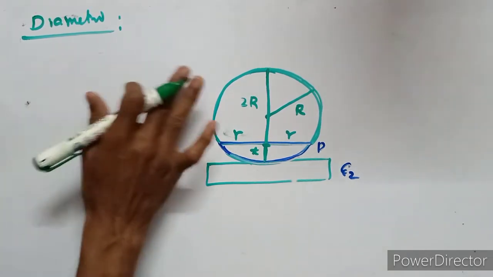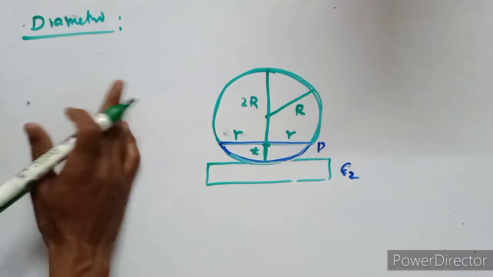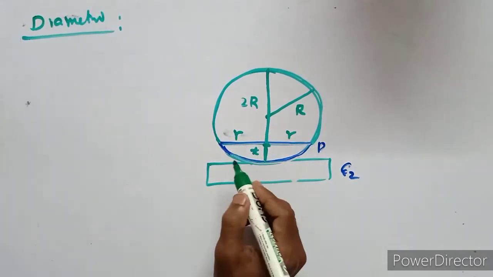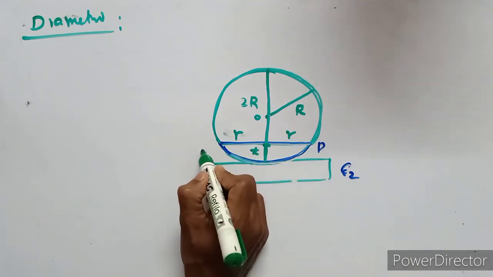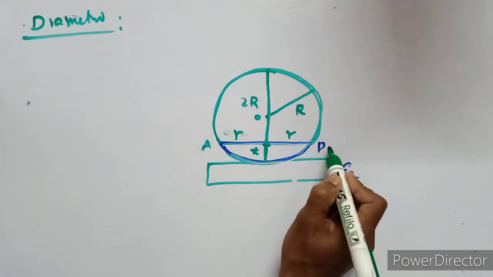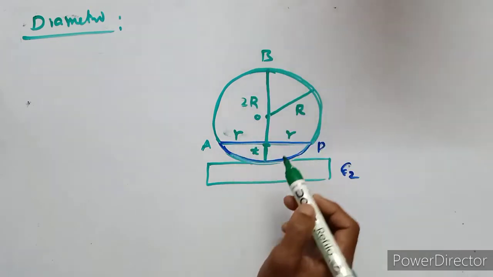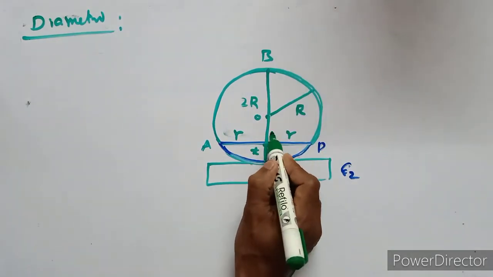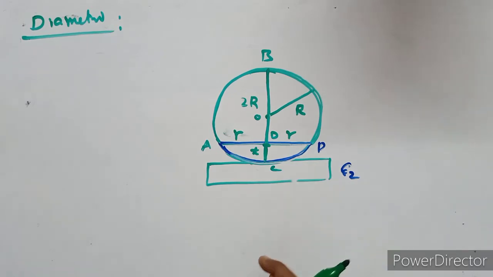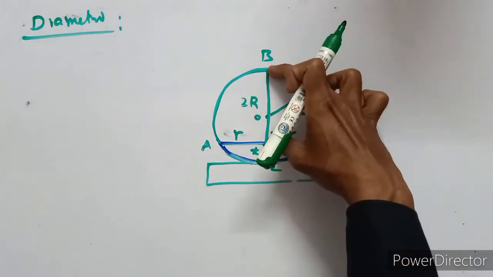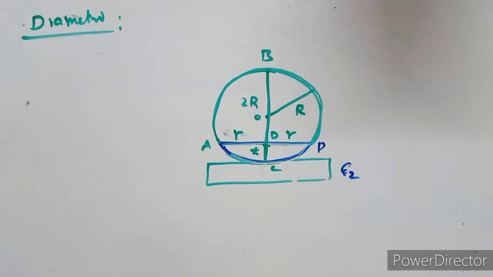So, some properties of a circle. For example, this is O, this is A, this is B, this is C, this is D. The property of a circle means this distance into this distance is equal to this distance into this distance.